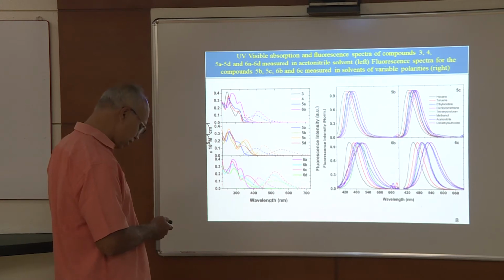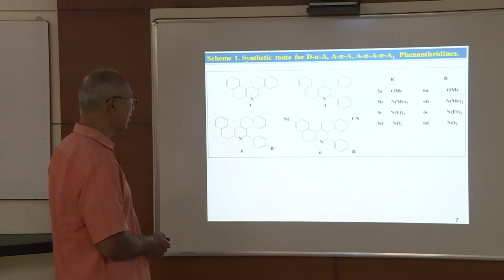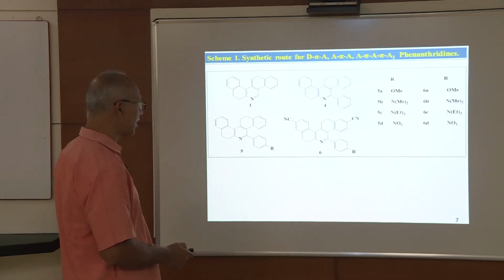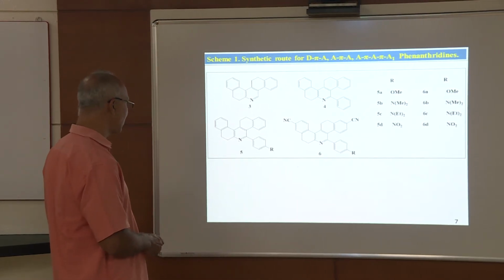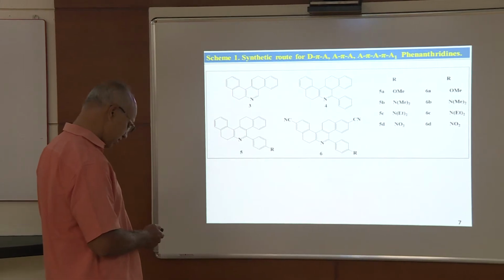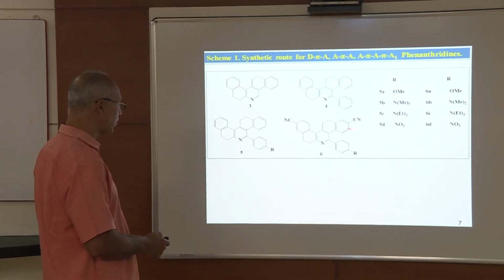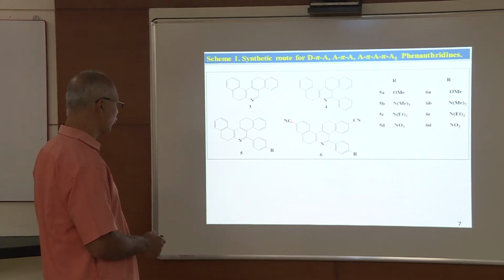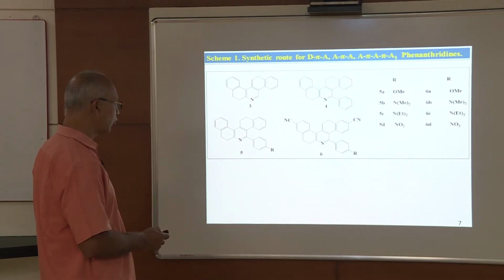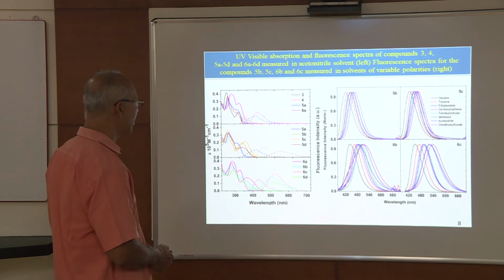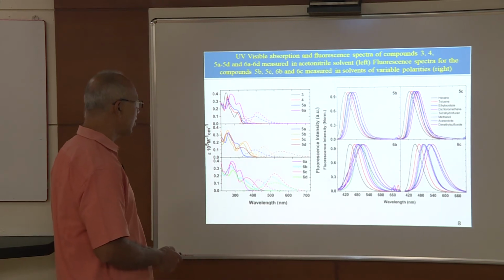We chose them such that 5B and 5C are NN dimethyl and NN diethyl, and with 5 and 6, that is, without the cyano group and with the cyano group. So here you do not have the cyano group, here we have the cyano group.